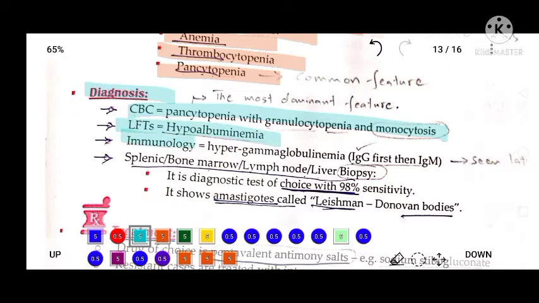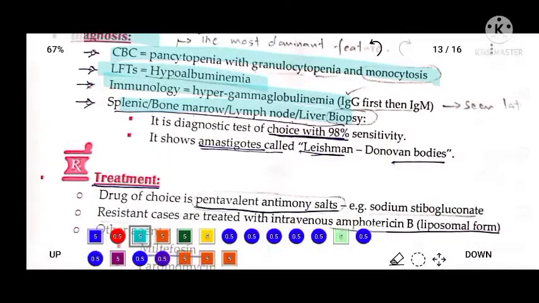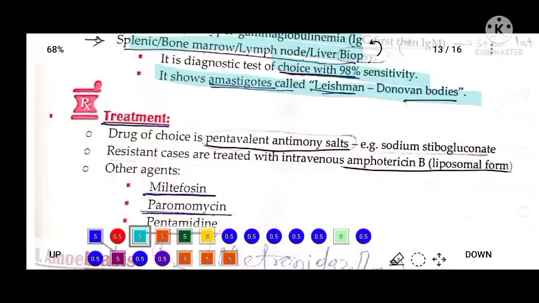LFT shows hypoalbuminemia. Immunology shows hypergammaglobulinemia, and splenic, bone marrow, lymph node, and liver biopsy is also done. The biopsy shows amastigotes and Leishman-Donovan bodies.